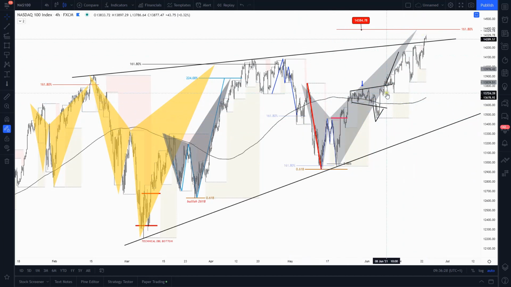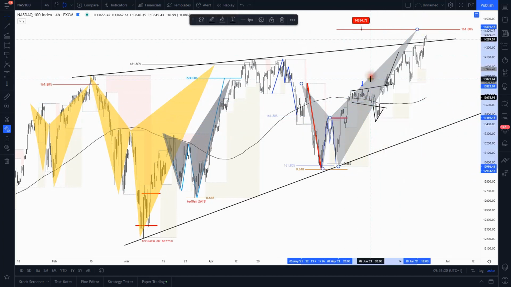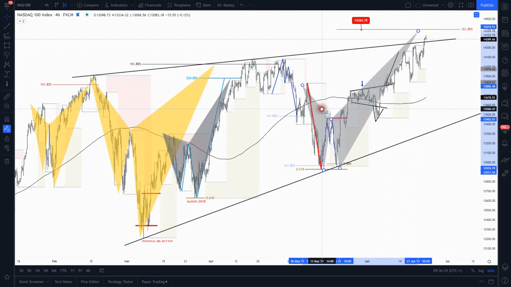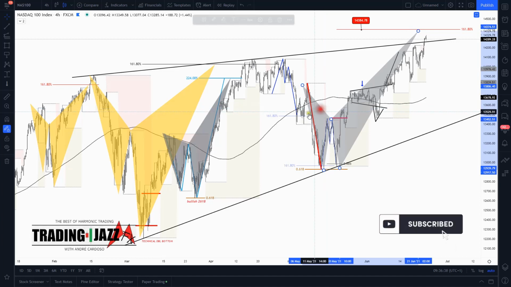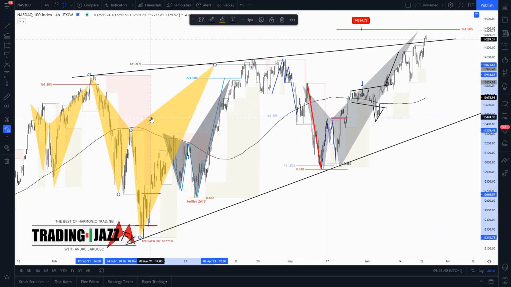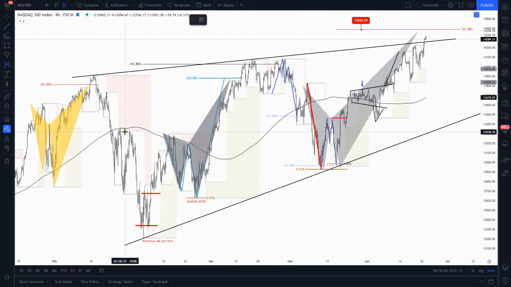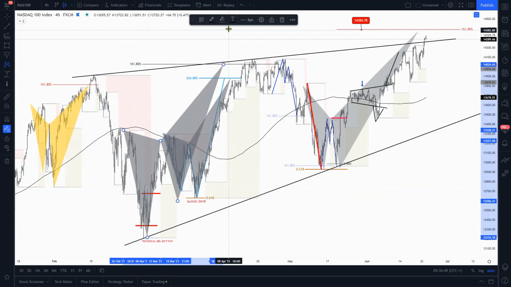At this point, this is exactly the same pattern. This is exactly the same pattern we can see, actually not only here but also here. This is a deep crab pattern. Let's change this color.